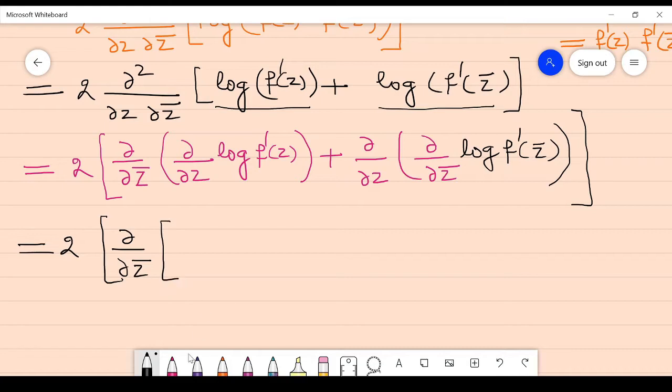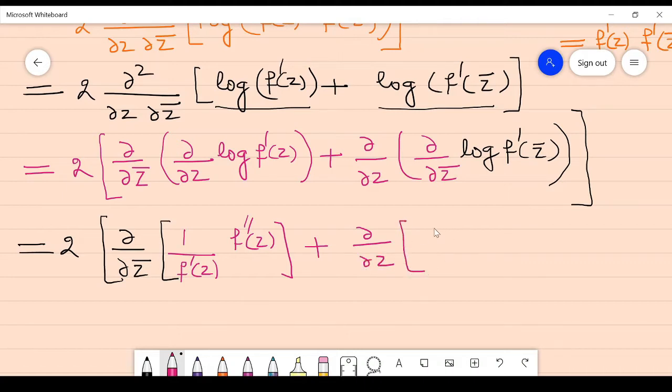Now this is derivative of f dash z with respect to z, so this can be written as 1 by f dash z into f double dash z, this term, plus similarly ∂/∂z, again f double dash z conjugate over f dash z conjugate, and this is in bracket.